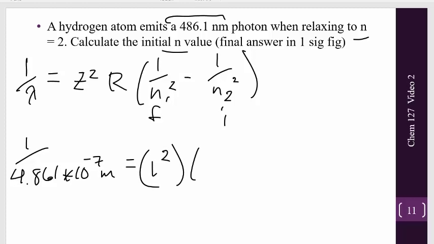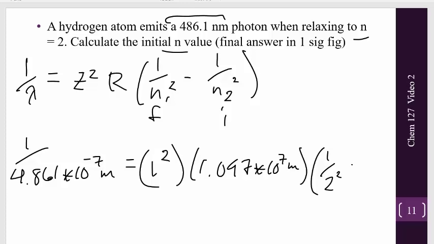The Rydberg constant in the form of meters, 1.097 times 10 to the 7th per meter. And then our final quantum number, or the smaller quantum number, is 2. And then our other quantum number is unknown.